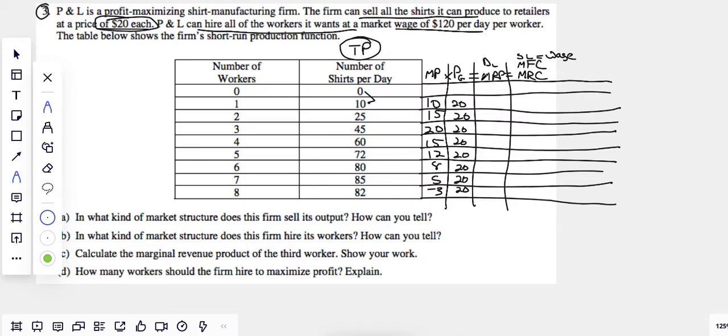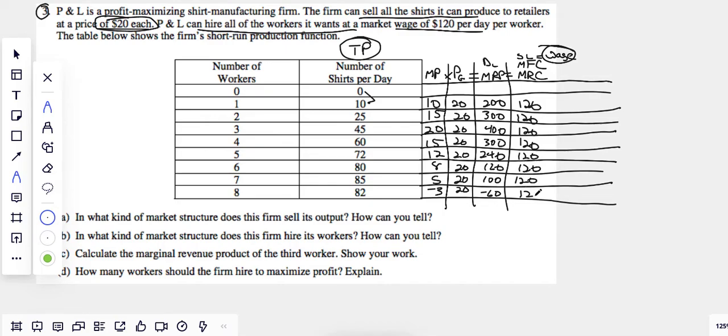Now we're going to find our marginal revenue product. We just multiply these two together: 200, 300, 400, 300, 240, 160, 100, and -60. Our marginal factor cost is our wage. It looks like our wage is 120 all the way down for every worker.